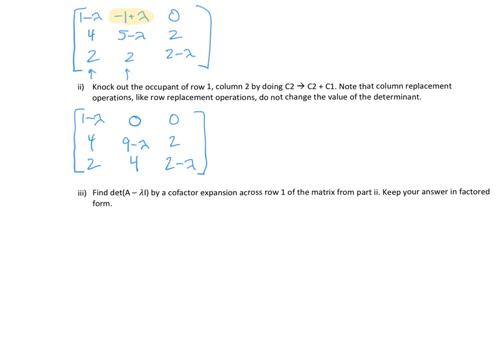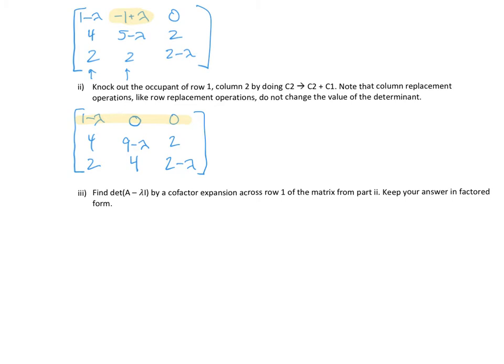Now, find the determinant of A minus lambda I by a cofactor expansion across row 1 of the matrix from part 2. Okay, so you'll see this row 1 has a couple of zeros in it. That makes a cofactor expansion pretty nice. So it's row 1, so I start with not changing the sign.